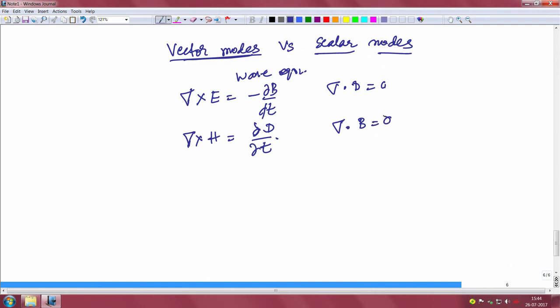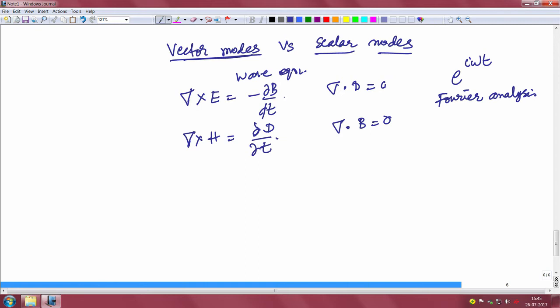I am considering a uniform medium, and the time variation can be reduced by taking e power i omega t as the time variation of the field, which implies that we are doing a Fourier analysis. So, all the electromagnetic fields are replaced by the Fourier coefficients.